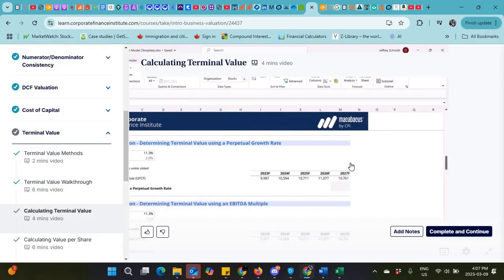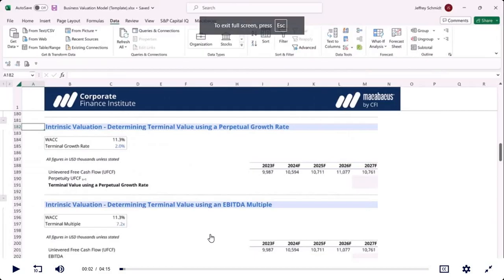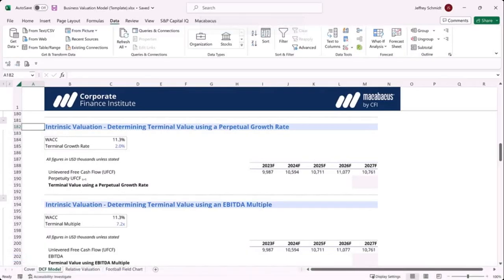So we've covered the two ways of calculating terminal value in a DCF. The first one using a perpetual growth rate, and the second using an EBITDA multiple or a terminal multiple. So we've given you enough information here.